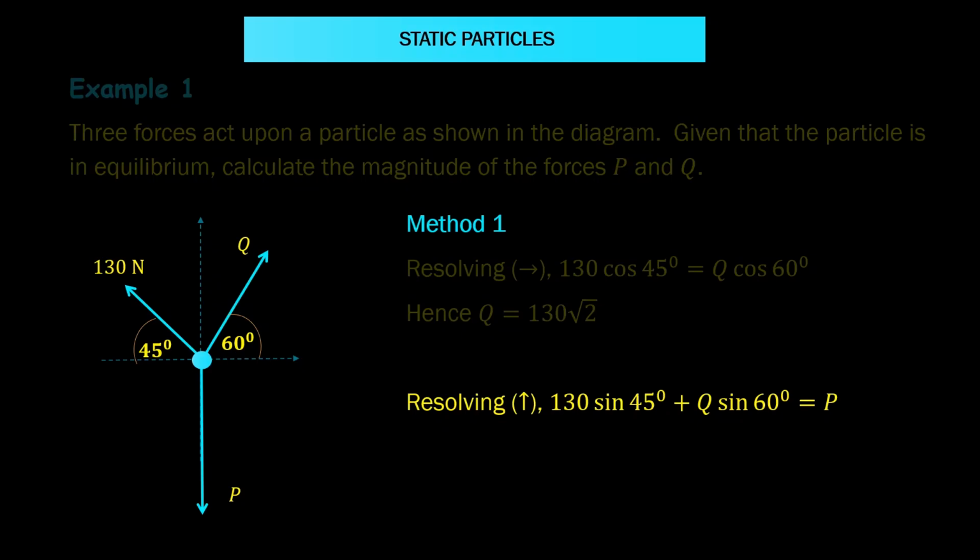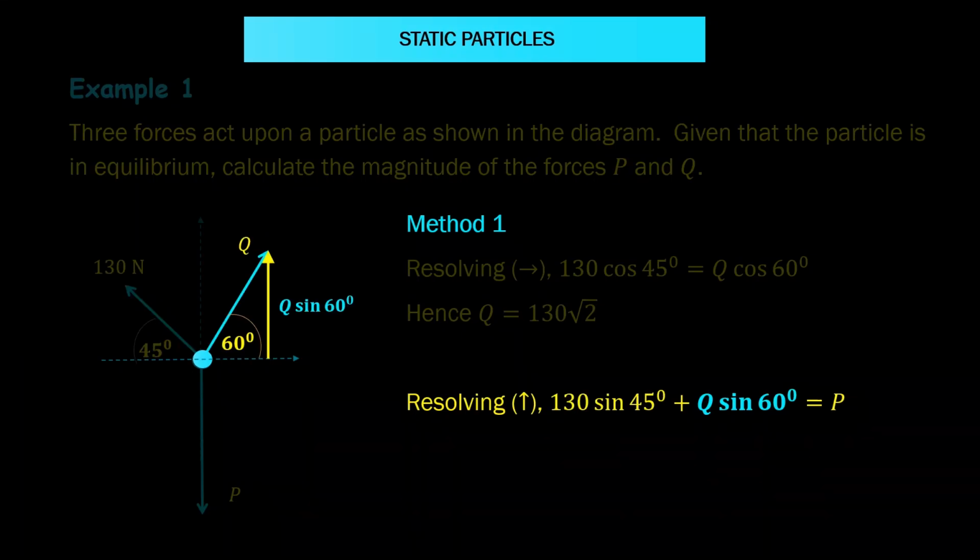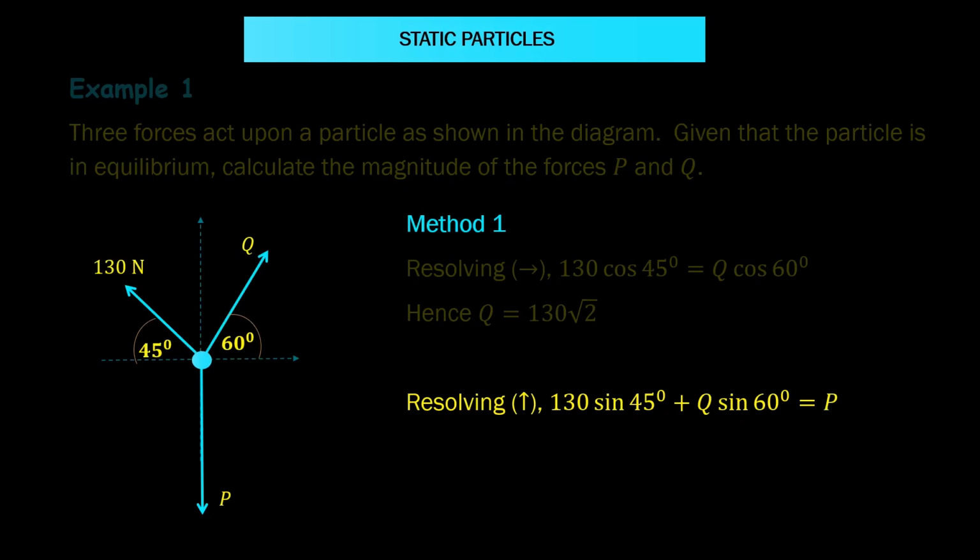We can now resolve vertically, so 130 sine 45 degrees plus Q sine 60 degrees, and notice both of these forces are acting in the upwards direction, equals P, and this is acting downwards. So we can now plug in the various values for sine 45, for Q, and for sine 60.